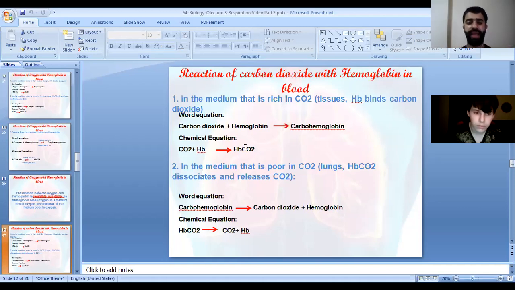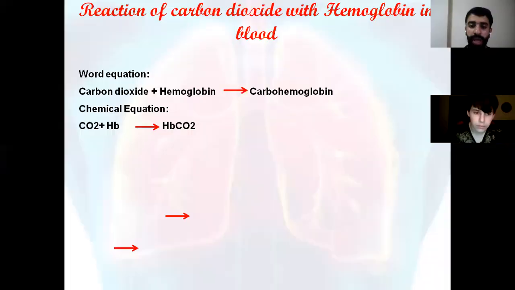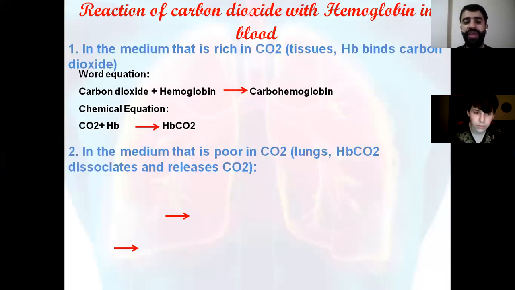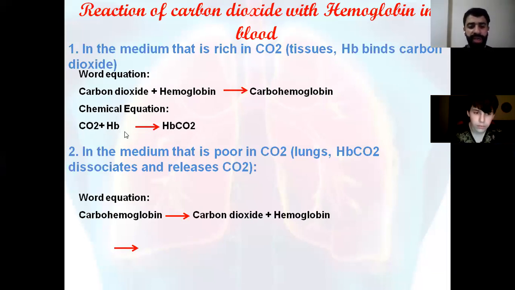Chemical equation: CO2 plus hemoglobin will give carbohemoglobin, HbCO2. While if the medium is poor in CO2, like the case of the lungs, HbCO2 will dissociate, will break down to give hemoglobin plus CO2. The word equation is carbohemoglobin will give carbon dioxide plus hemoglobin.